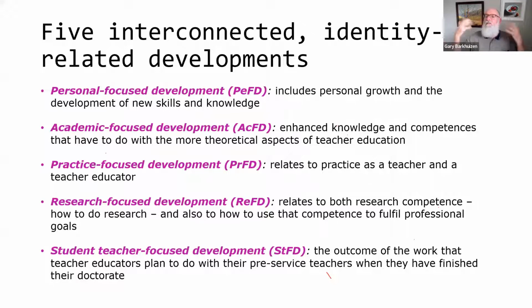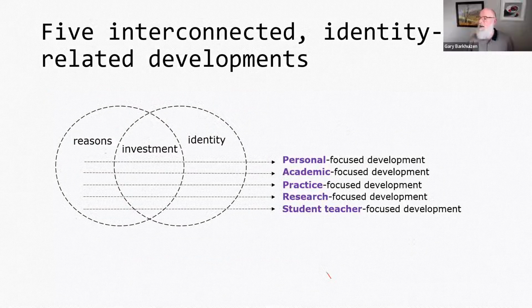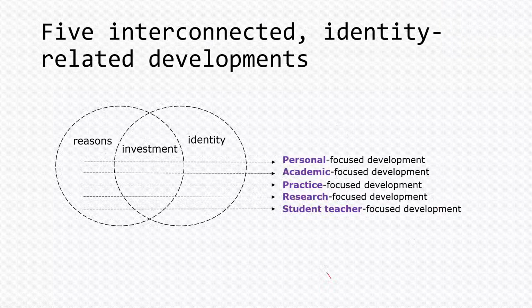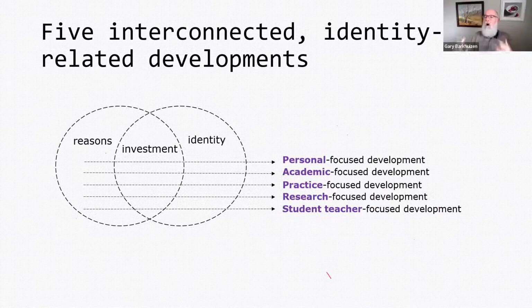So these are these 5 different developments that I discovered. I looked at all 7 participants, of course, in the study. I'm just showing you a little sample here. I looked at all seven participants, and I looked at their reasons for investing in this further professional development, in wanting to learn about research, embark on their PhD dissertations and theses so that they could learn about research.